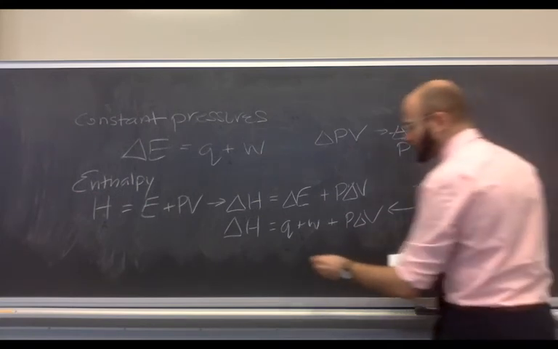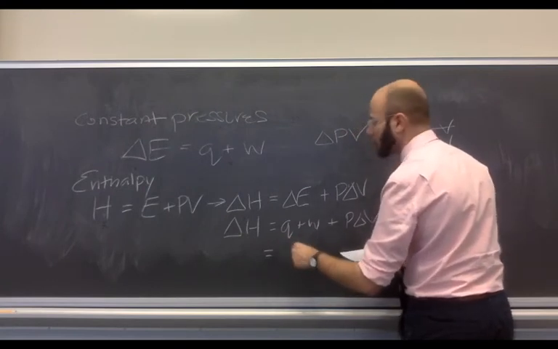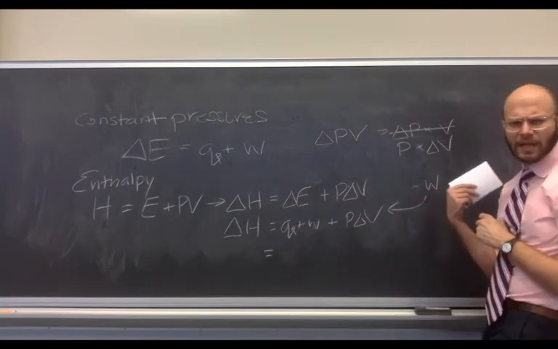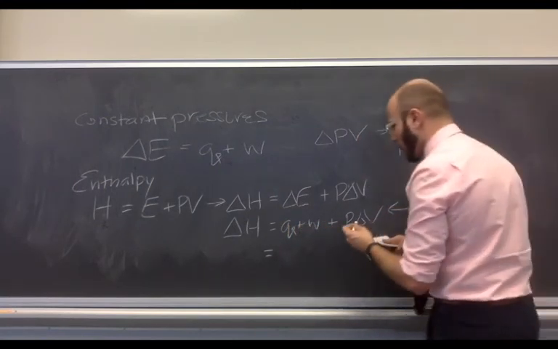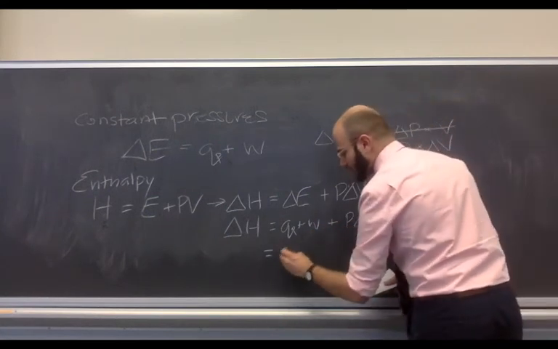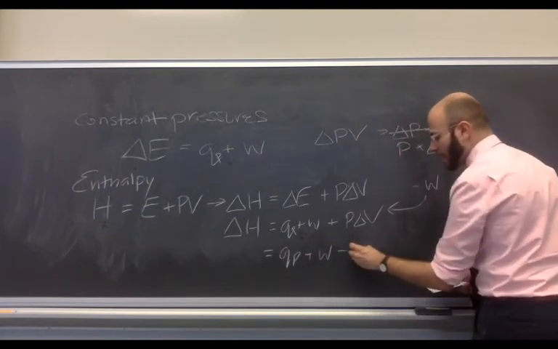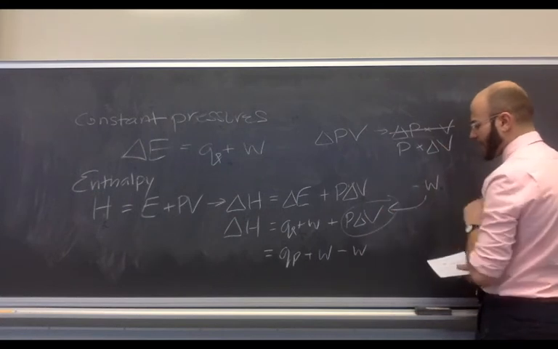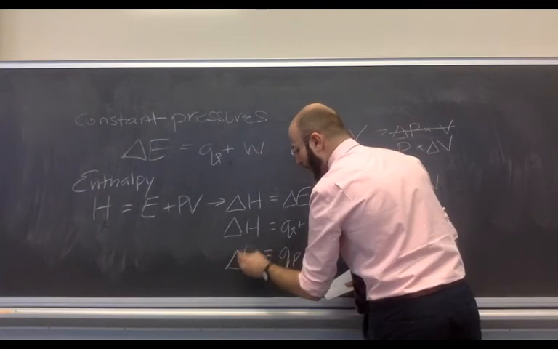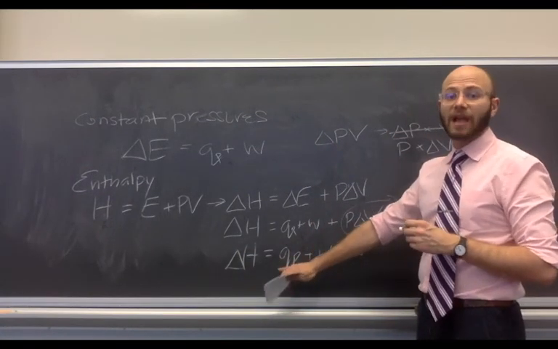And so simplifying this, I should have had this there, right? We know we're at constant pressure. We talked about constant volume all the way back. And so we can see the negative W and the W will cancel. So Q_P would be plus W, and then also minus W. We're thinking of that as negative W. And so if both of these cancel, the change in enthalpy is going to be related only to the change in heat at constant pressure.